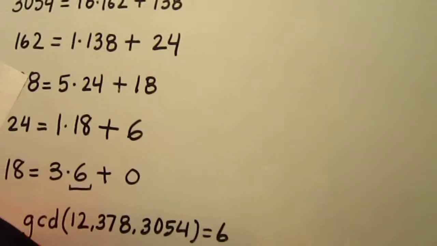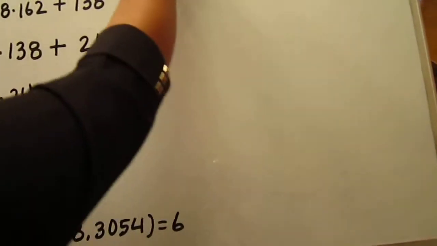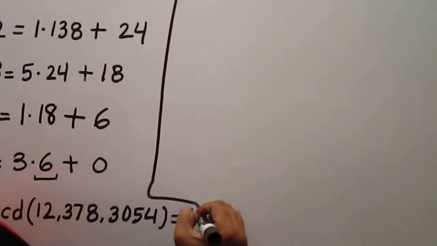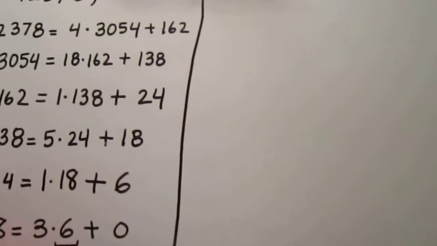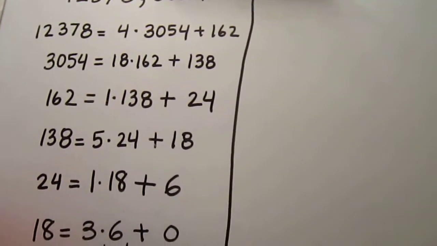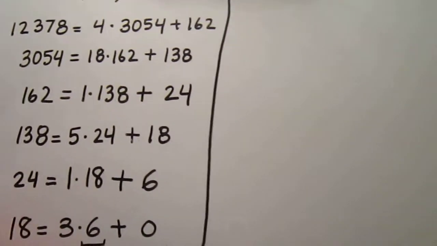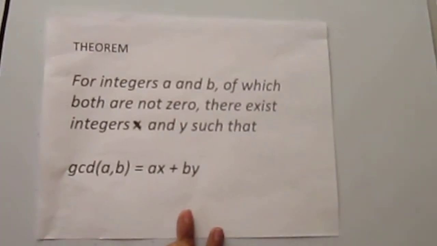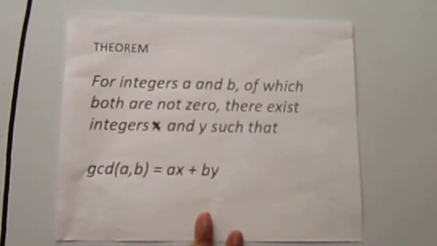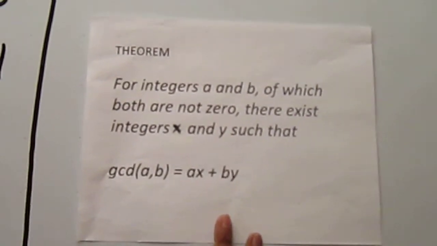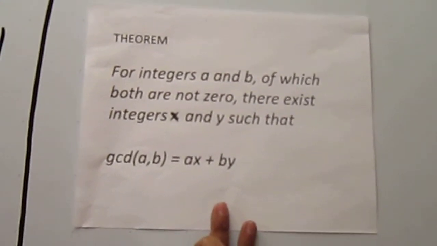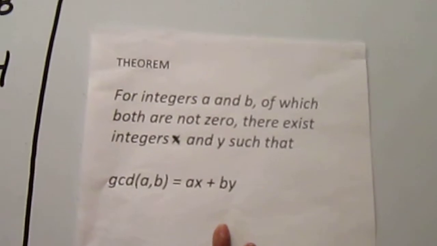So here we are going to talk about the algorithm of Euclid, in which the theorem says, for integers a and b, of which both are not 0, there exist integers x and y such that GCD of a and b equals ax plus by.